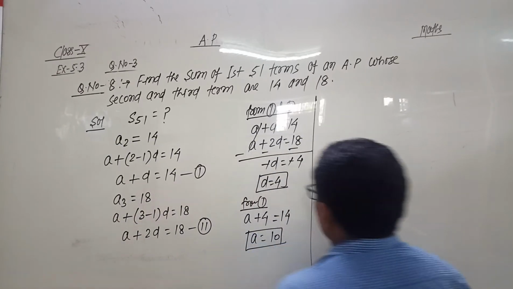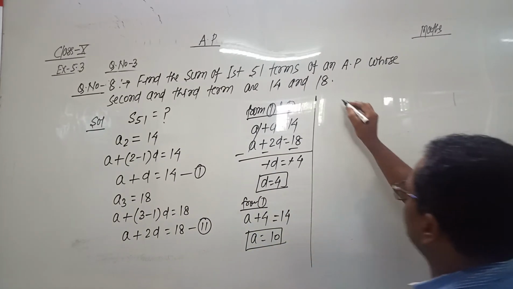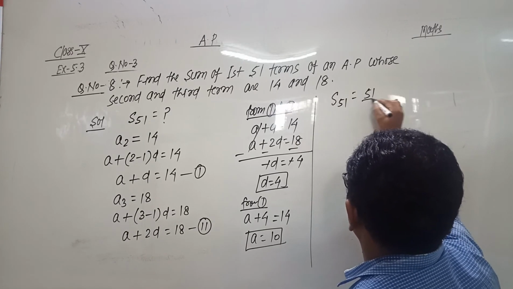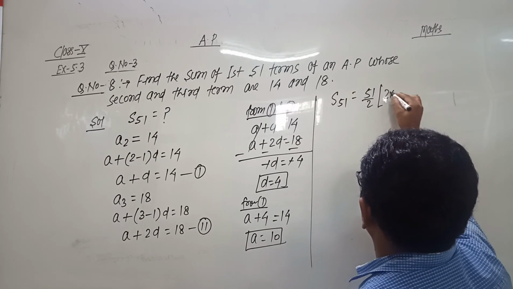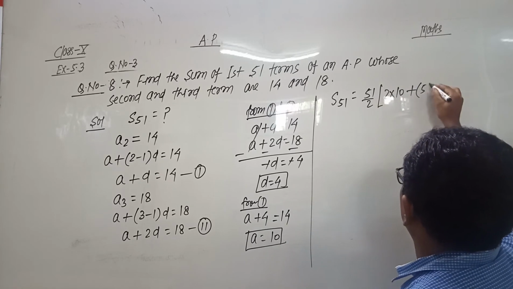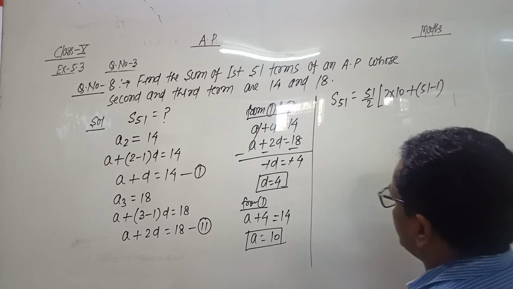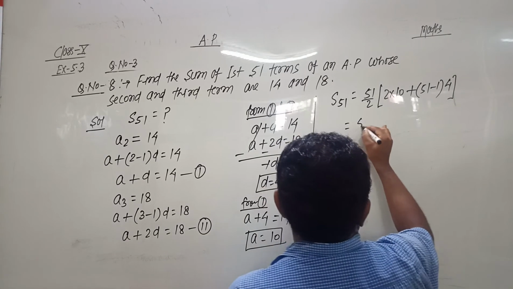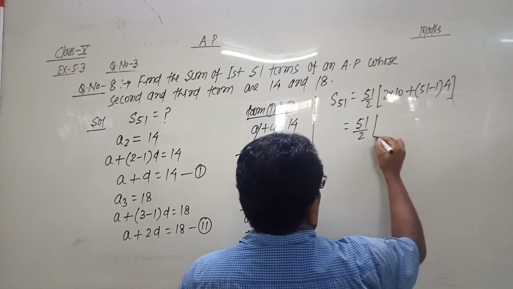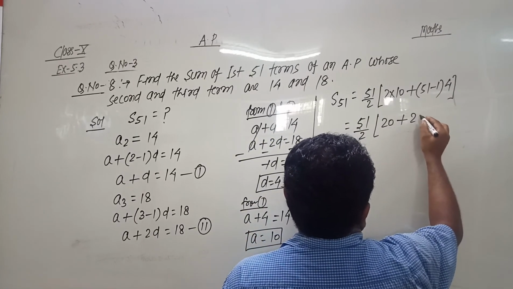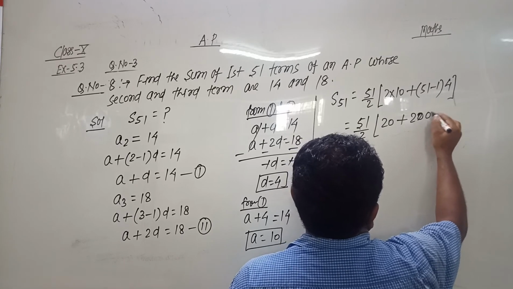Then we have to find the sum of 51 terms, S51. So n by 2 into 2a, 2 into 10, plus n minus 1 into d. The value of d comes to be 4. So we get 51 by 2 into 20 plus 50 into 4, 200.